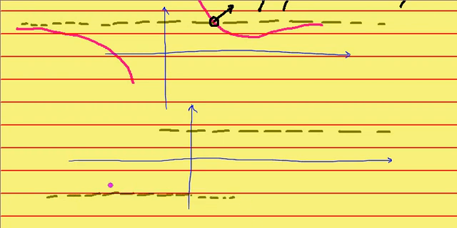The function itself might have behaved like this, pulling from one side close to one asymptote to the other one. That would be an example of a double asymptote. So sometimes we refer to something as a right asymptote, another one as a left asymptote, meaning that the event happens on that particular side.